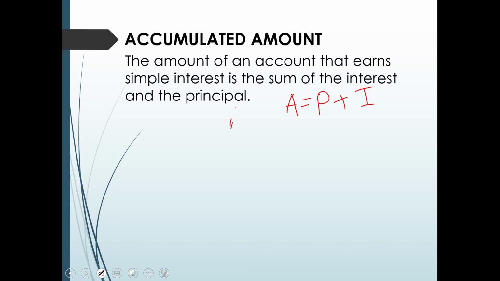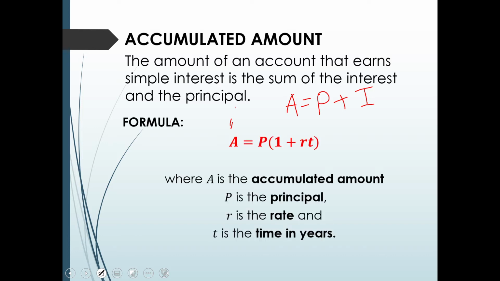So principal plus interest, or another formula, A is equal to the principal times 1 plus RT. The same thing: R is the percentage divided by 100, T is always in years.